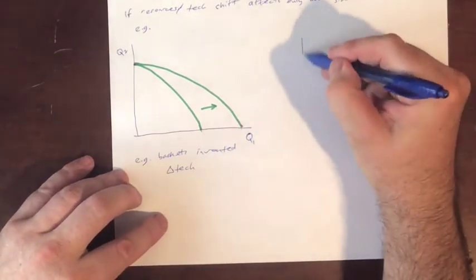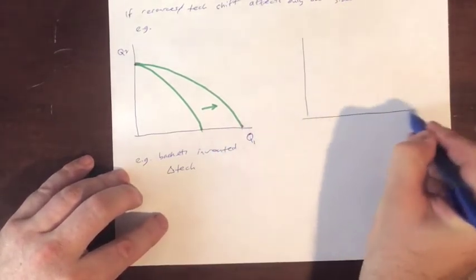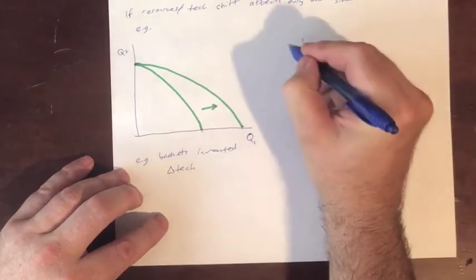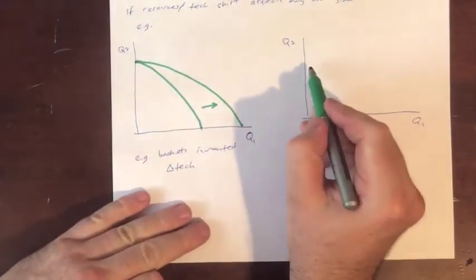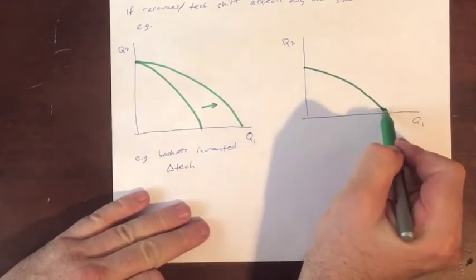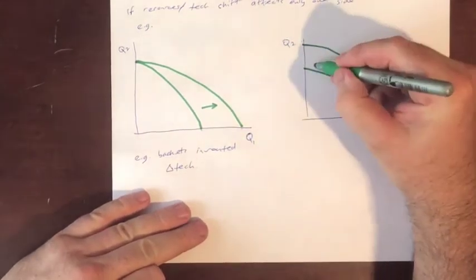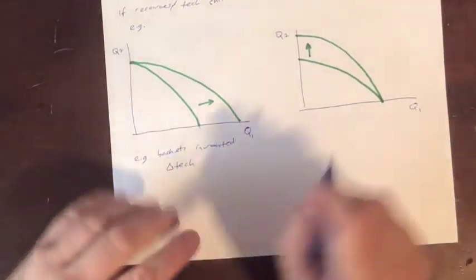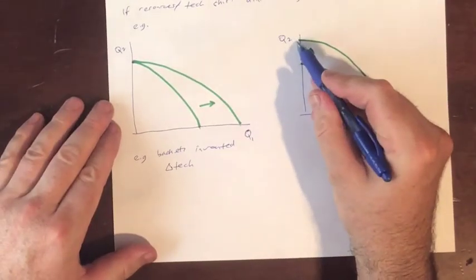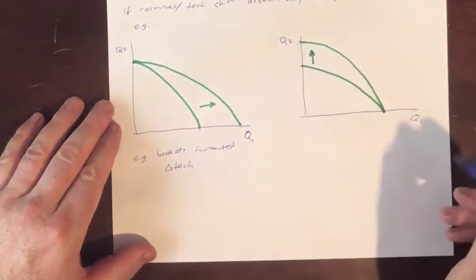Versus, let's imagine that the shift occurs in the other area. Then we would have, for example, something like this. The maximum output has changed on the Q2 axis.